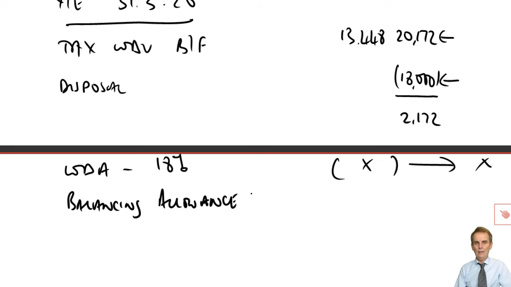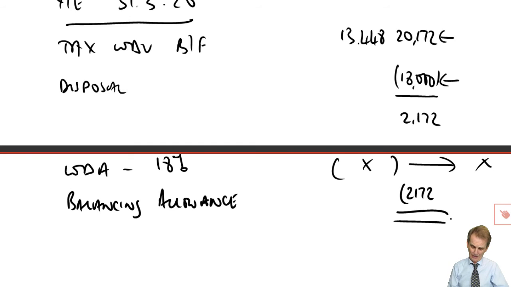What we're looking for here, if we've sold for less than tax written down value, there is still some unrelieved cost in relation to the ownership of that asset that has not yet attracted capital allowances. So what happens here? That 2172 that we have there, because we're going to remove this as a balancing allowance and therefore have nil on this column, it comes to an end.